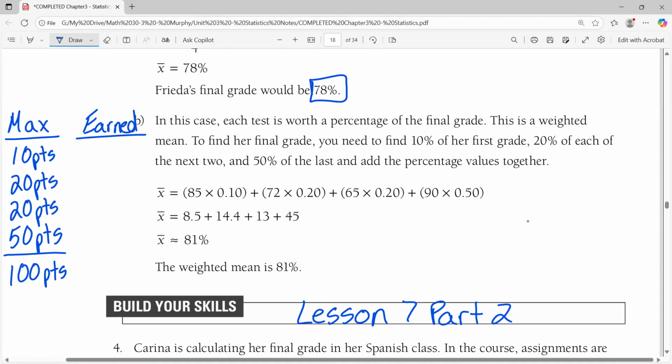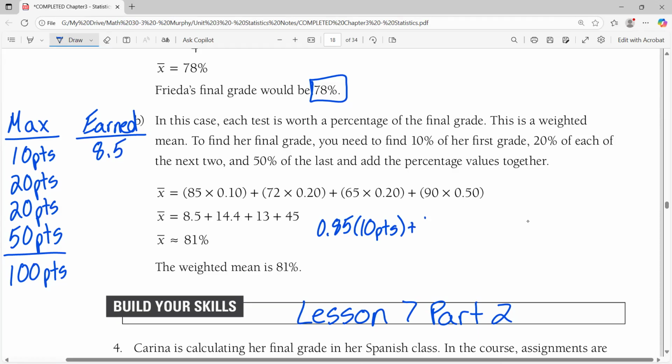Now, how I would do this is I would go, she got 85% on the first one. So you always put it as a decimal of the 10 points available, which would mean she earned 8.5.